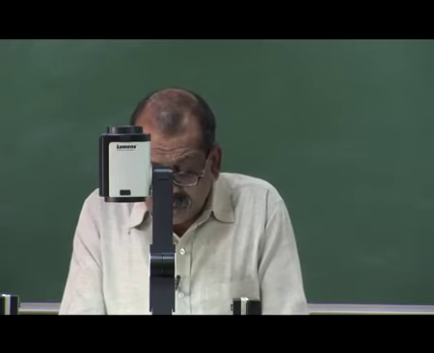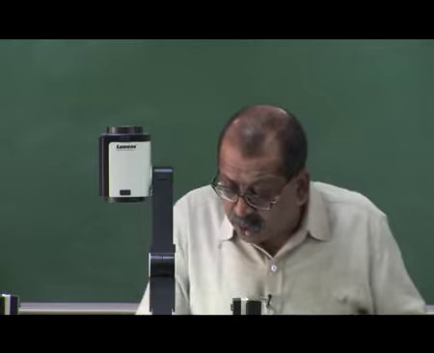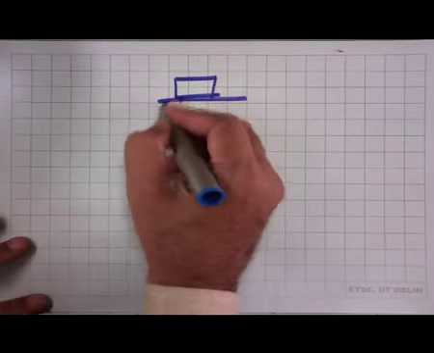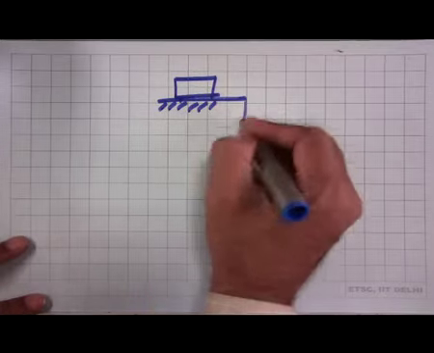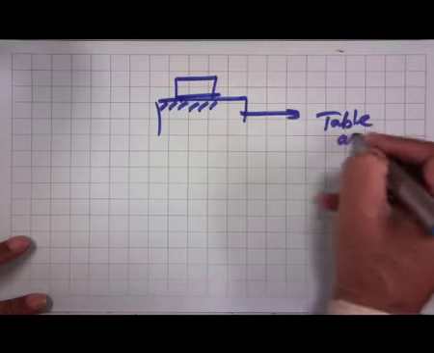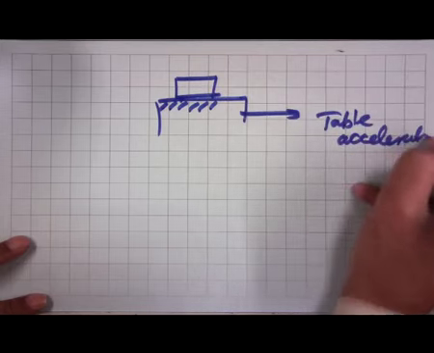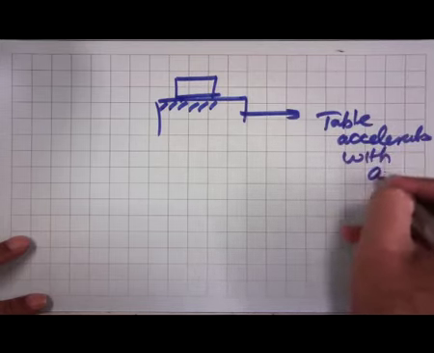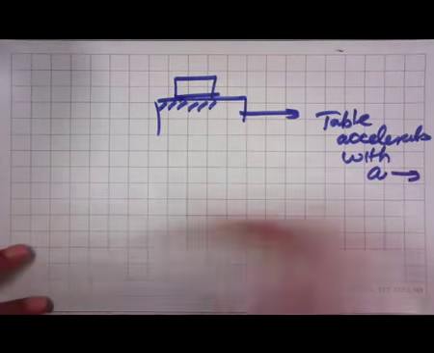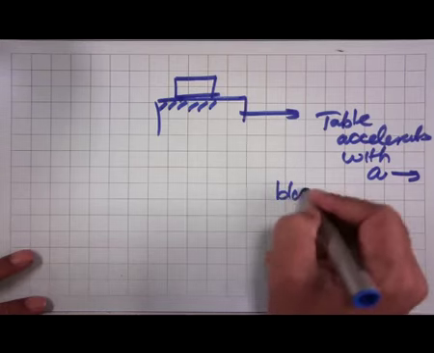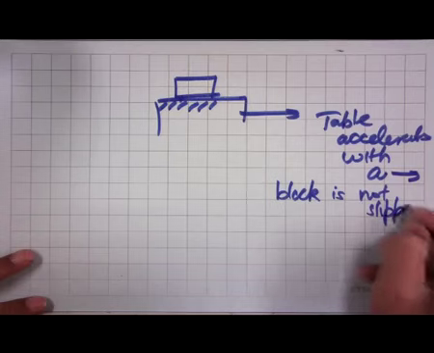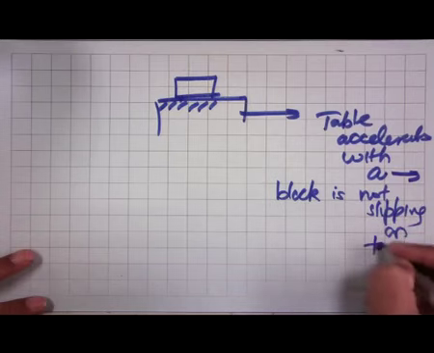Now, let us consider a case when the block is on the table and the table accelerates with an acceleration a in the right direction and the block is not slipping on the table.